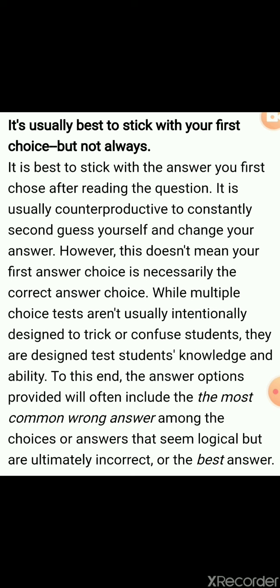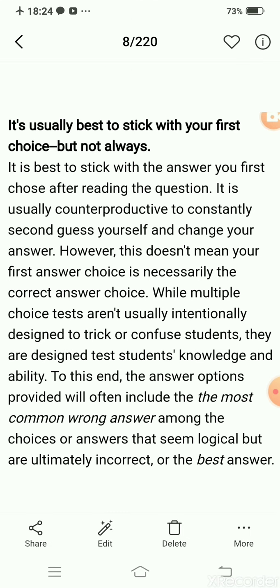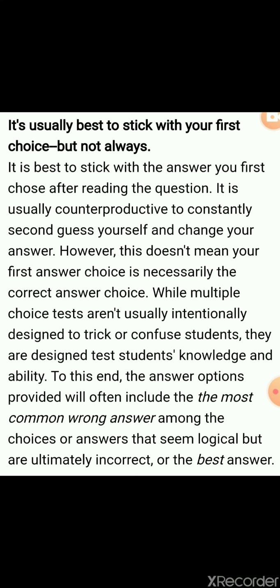However, this doesn't mean your first answer choice is necessarily the correct answer choice. While multiple choice tests are not usually intentionally designed to trick or confuse students, they are designed to test students' knowledge and ability. Yeah, they design the question paper to check your ability, your knowledge, your level of confusion, how you deal with situations like that.